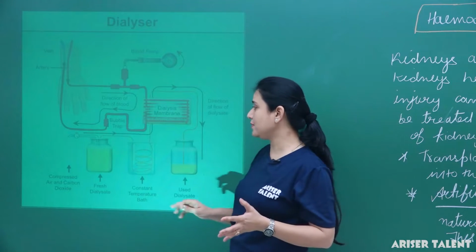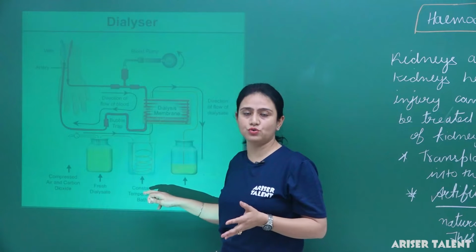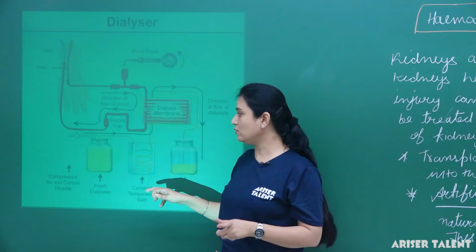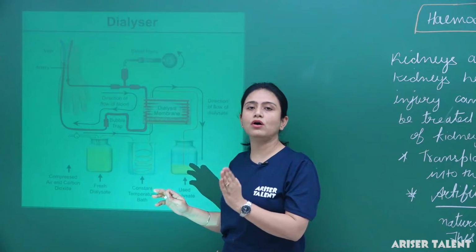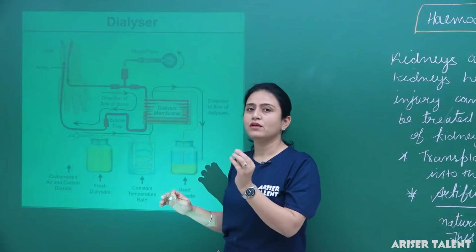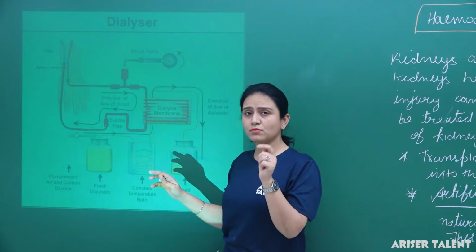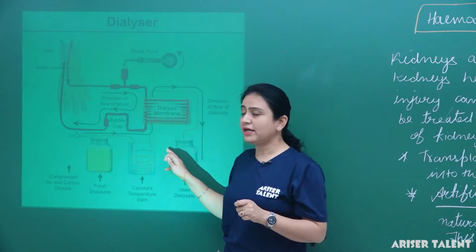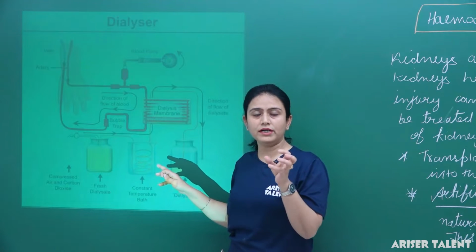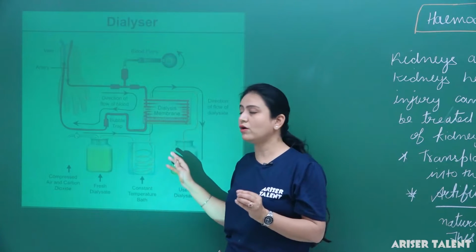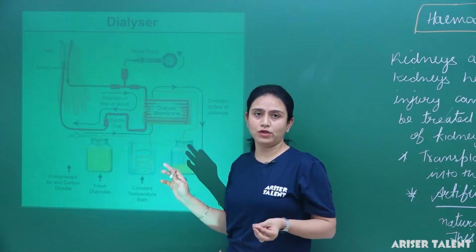Now what happens? The tube made up of cellulose allows the movement of ions, water and small particles by the process of diffusion, and it does not allow the blood corpuscles and platelets to move out, because these are large molecules.